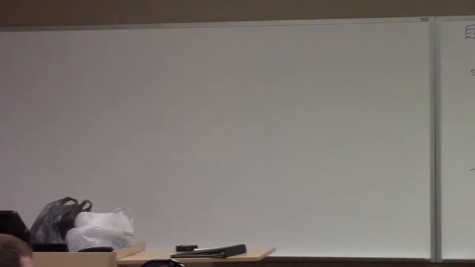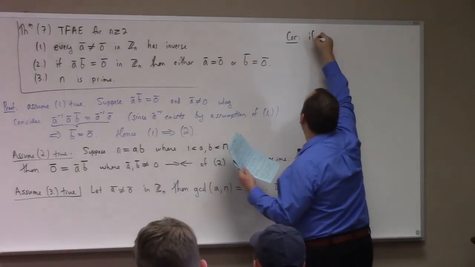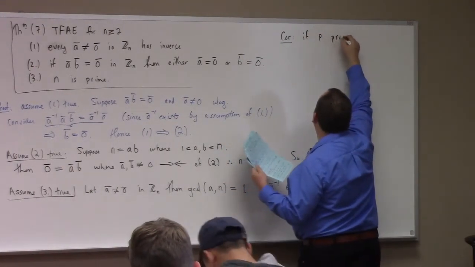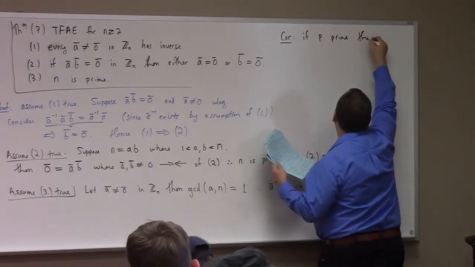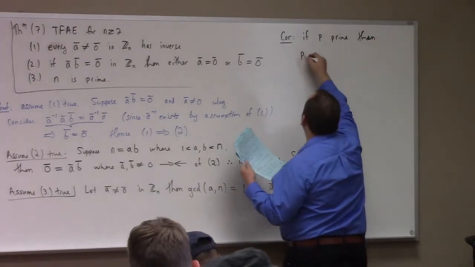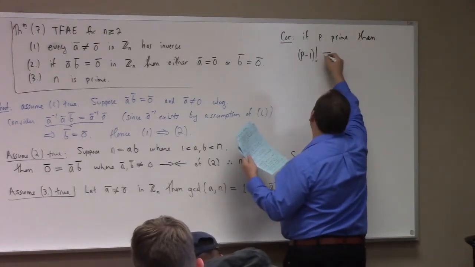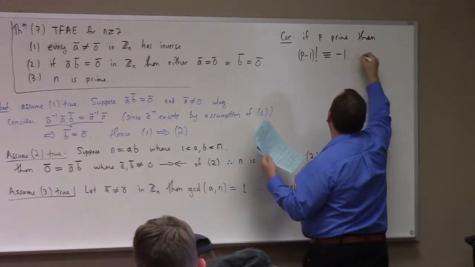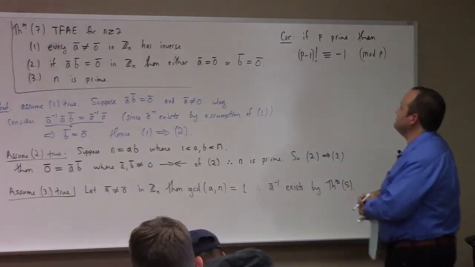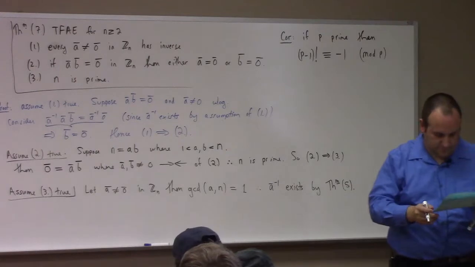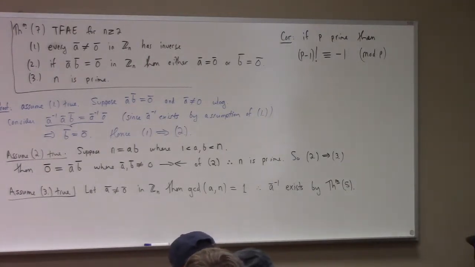Corollary: if P is prime, then P minus 1 factorial is congruent to minus 1 mod P.